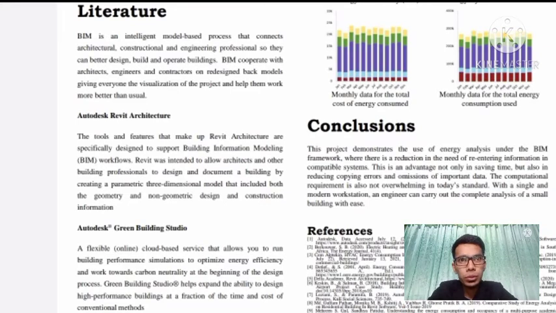Revit was intended to allow architects and other building professionals to design and document a building by creating a parametric three-dimensional model that includes both the geometry and non-geometry design and construction information.